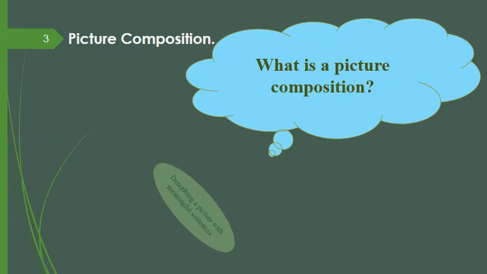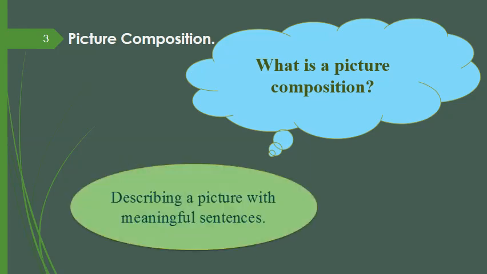Picture composition is describing a picture with meaningful sentences. A picture composition is a description of a picture, that is, we are going to write sentences or a paragraph about what we can see in the picture.